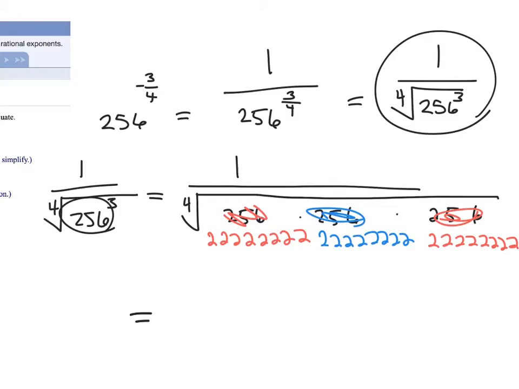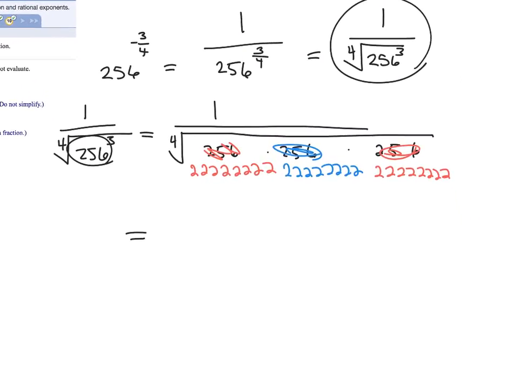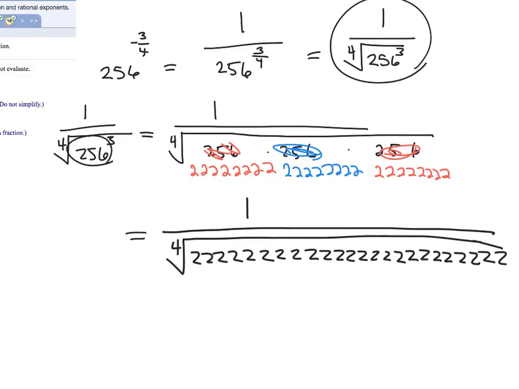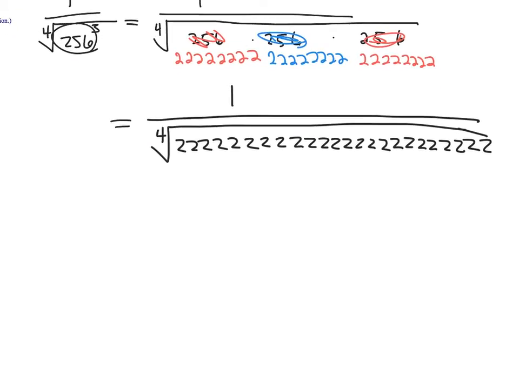Oops, except I need to remember that this is all supposed to be 1 over the 4th root of, and then this is 24 twos. Counting them: 3, 4, 5, and so on up to 23, 24.